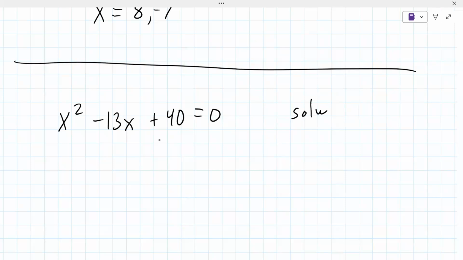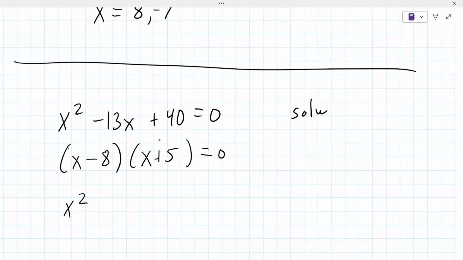Okay, would it be x minus 8 and x plus 5? So here's one way to answer your question: we're going to FOIL this. So you get x squared plus 5x minus 8x minus 40. Is that the same as the original?